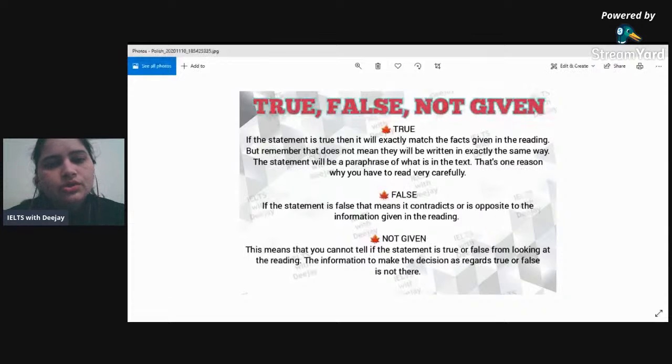The information is going to be false when there is some kind of contradiction, when the information of the question and the paragraph is not matching. Not given is when there is something missing. You can't find it. Maybe the whole information or maybe a part of the information is missing. So you will mark not given there. I will be giving you some tips about it.